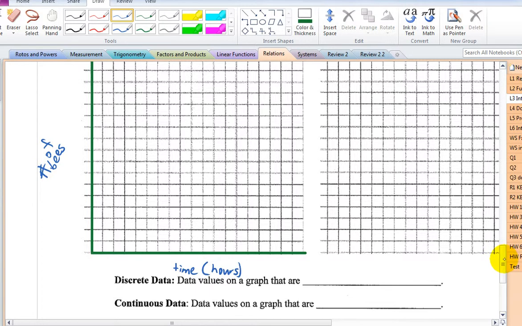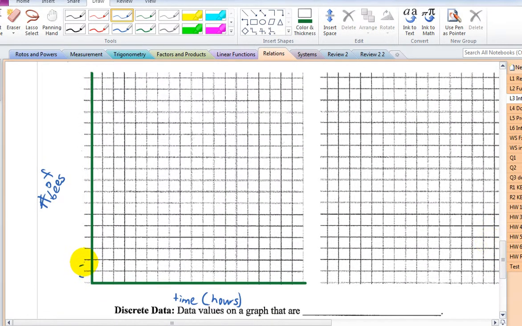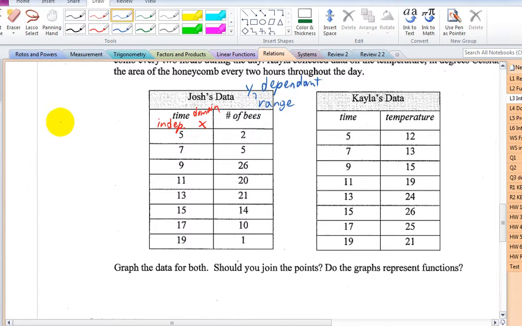So let's count the squares that we have. Going up, we have 1, 2, 3, 4, 5, 6, 7, 8, 9, 10, 11, 12, 13, 14, 15, 16, 17, 18 squares. So for the number of bees, we have 18 squares.